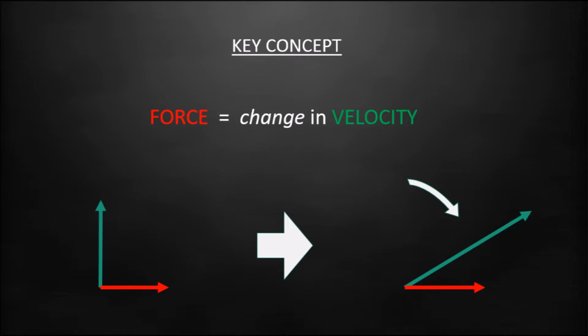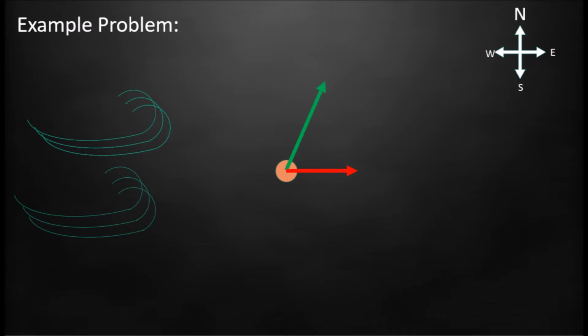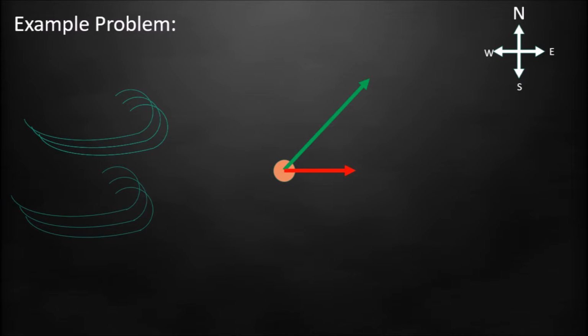When you apply a force on an object, the velocity of that object changes direction over time to match the direction of the force. In the case of our ball, the velocity vector of our ball will just begin to rotate around more and more towards the east, as we would expect.